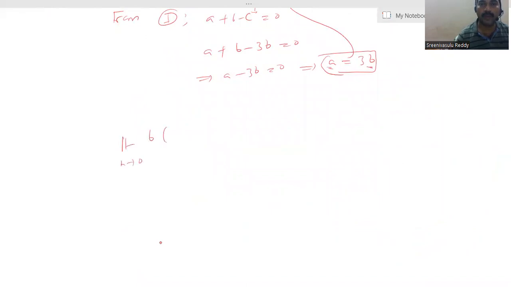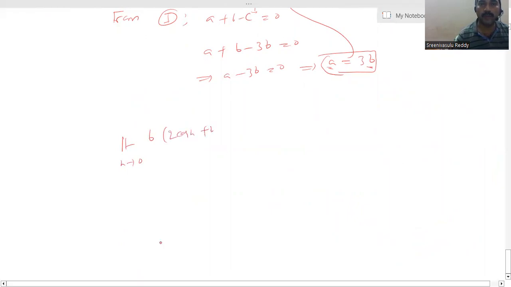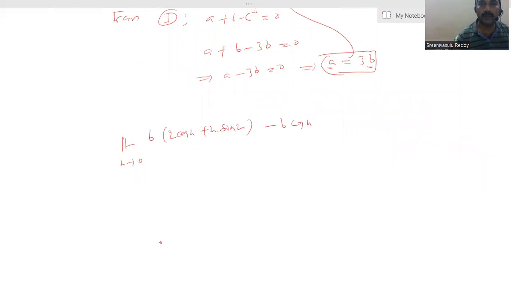We have b times of 2 cos x plus x into sin x minus b cos x plus c into sin x, by 60x square equal to 1.